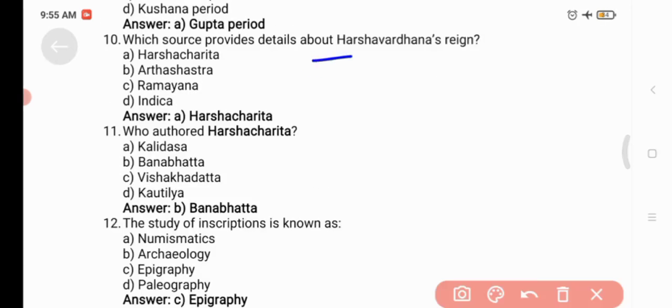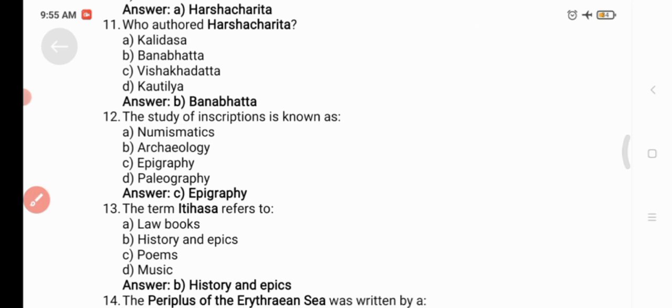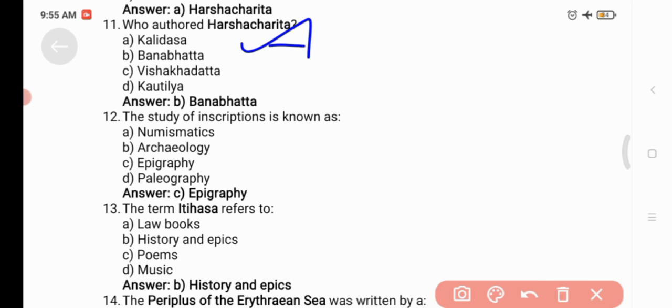Which source provides details about Harshavardhana's reign? Option A, Harsha Charita. Who authored Harsha Charita? Option B, Banabhatta.